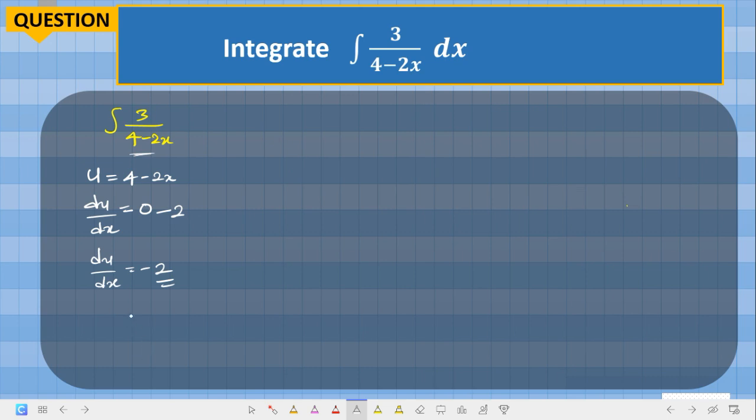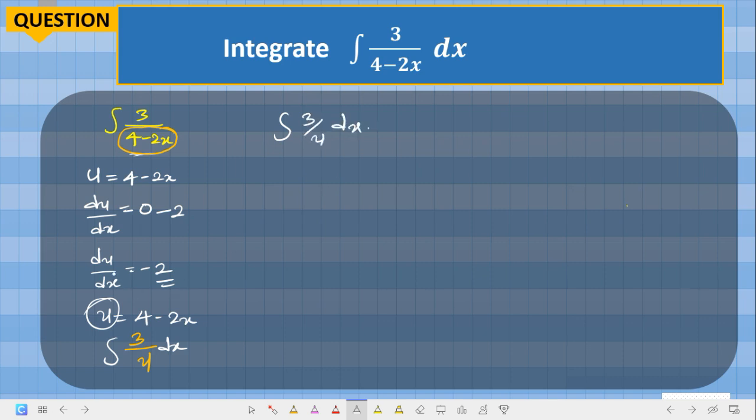So therefore wherever we see 4 minus 2x, we can put in u, because we said that u is equal to 4 minus 2x. So making that substitution here, what are we going to have? You have the integral of 3 all over u, because you put in the value of u. So our expression now is the integral of 3 over u dx.